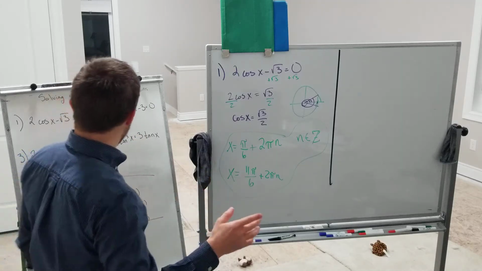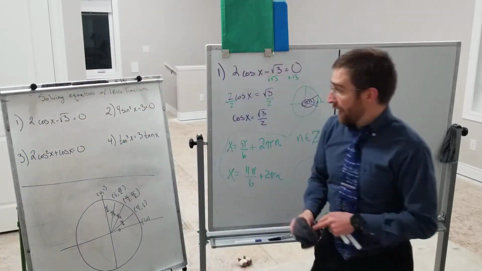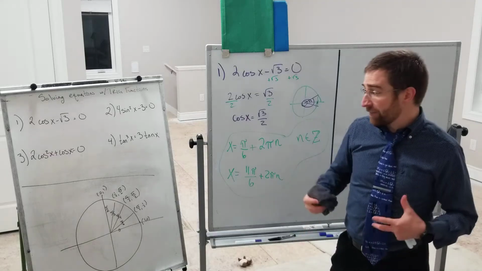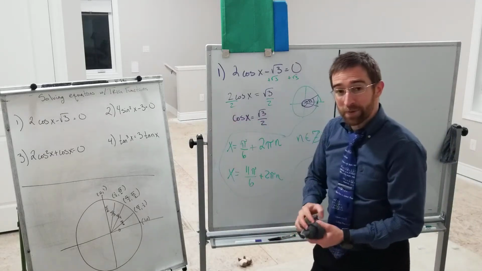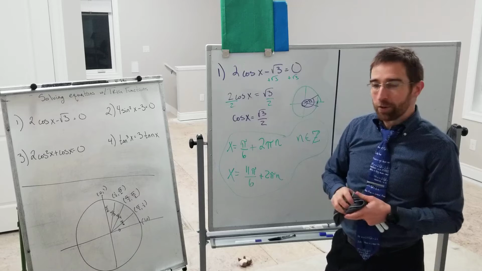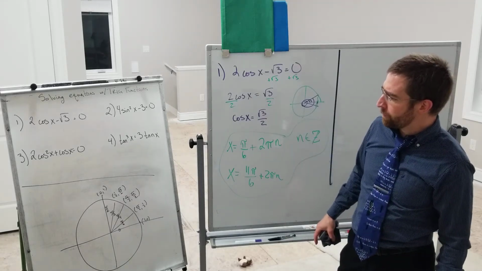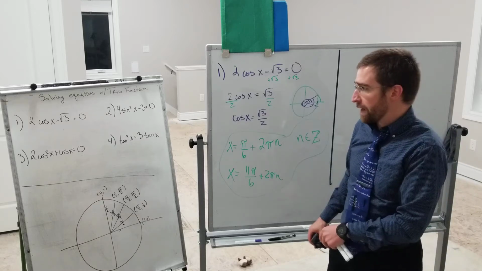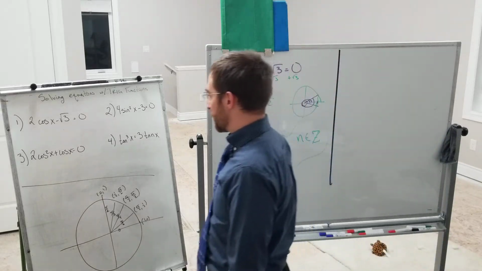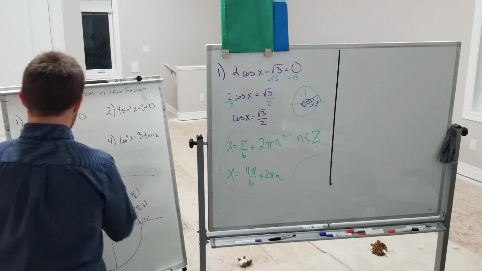Now, I just realized that I forgot to include in these examples a problem that has a multiple angle. Whoops. So I'm just going to quickly change one of these examples, and that's going to be this example.